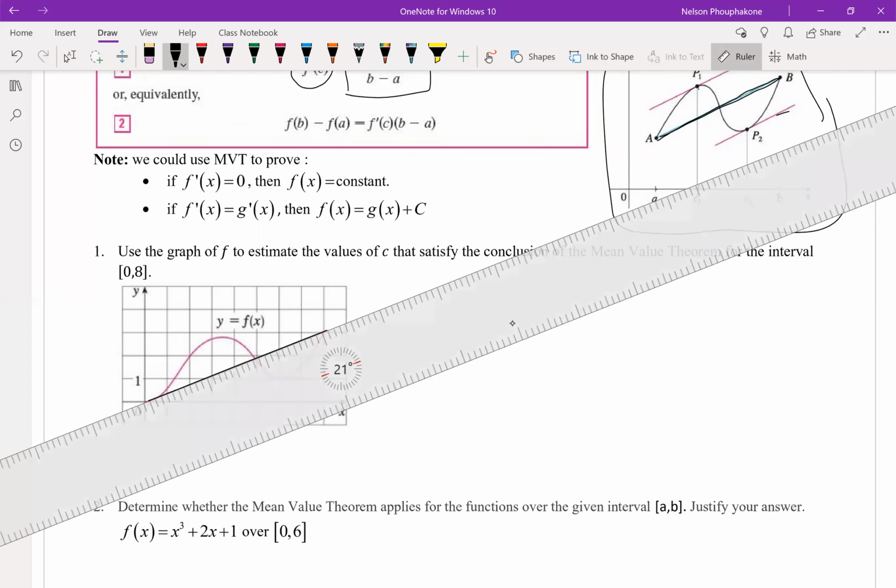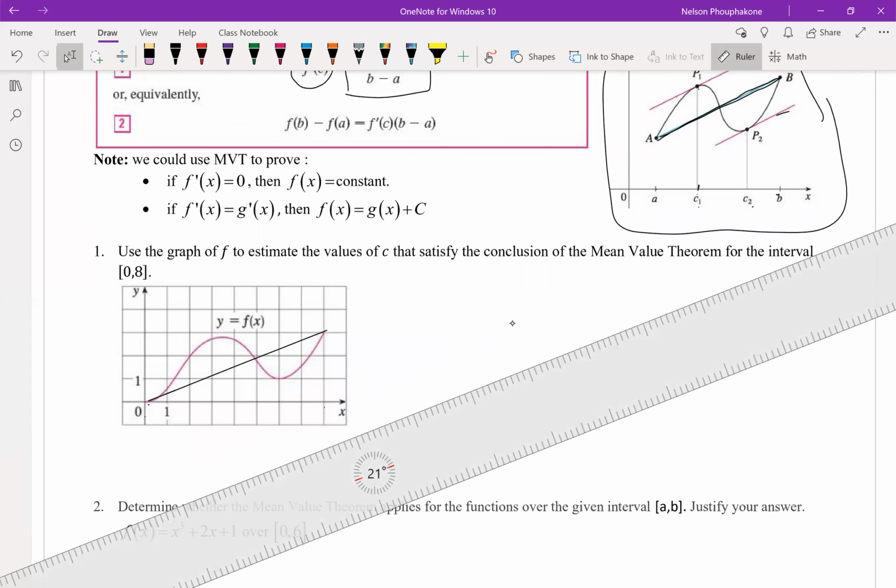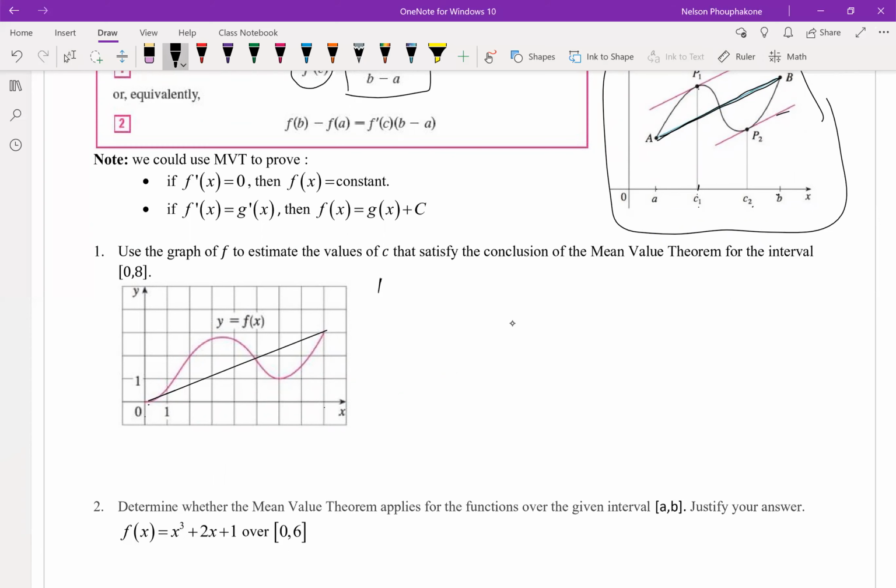First, let us look at the average rate of change between x = 0 and x = 8, which is equal to (f(8) - f(0))/(8 - 0). In this case, it is equal to (3 - 0)/8, which is 3/8.